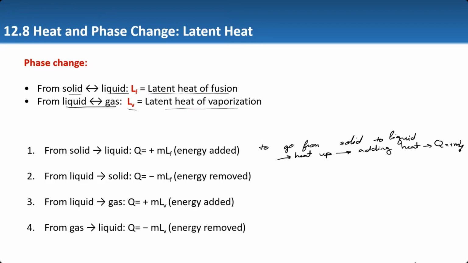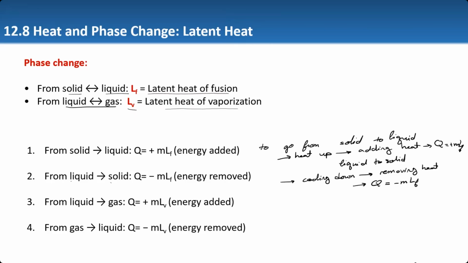If we're going from liquid to solid, so the other way around, I'm freezing some water. So here I'm cooling down, or basically I'm removing heat. So Q is going to be negative, minus m L_F.